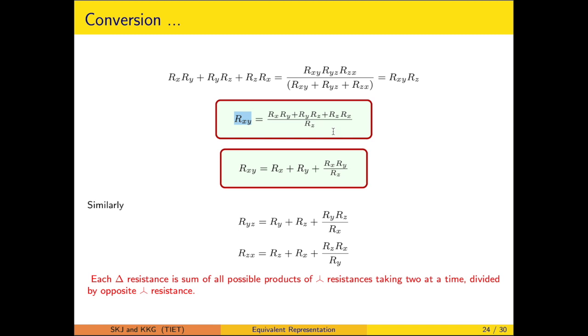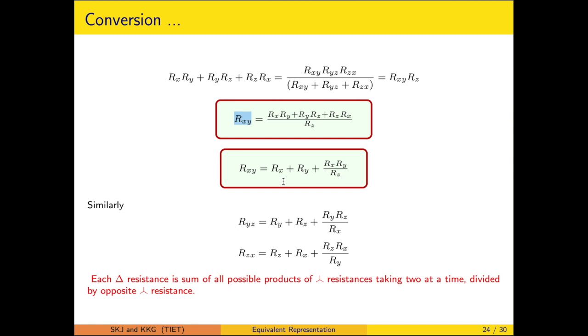On this basis, the statement is: each delta resistance is the sum of all possible products of the star resistances taken two at a time, divided by the opposite star resistance. The same expression can be written in a different form by dividing it. So Rxy is coming out to be Rx plus Ry plus RxRy upon Rz.